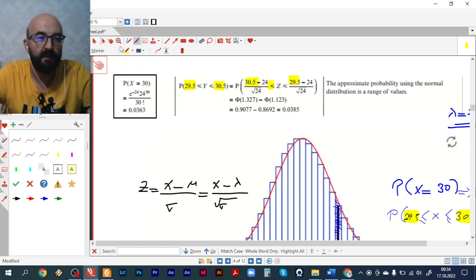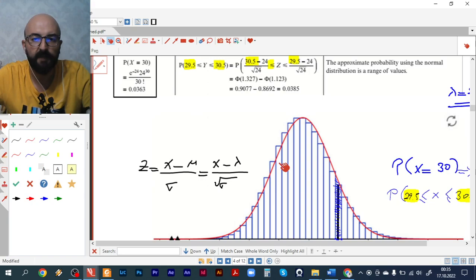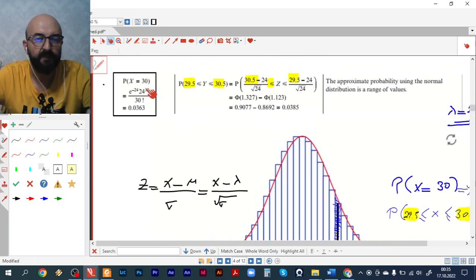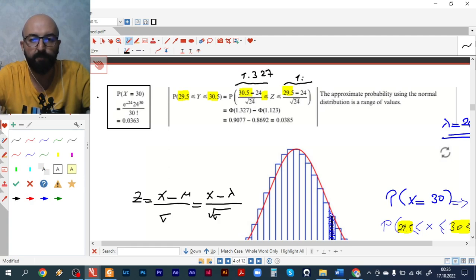And if you notice this part, phi, it means 1.327 and 1.123, but it changed.